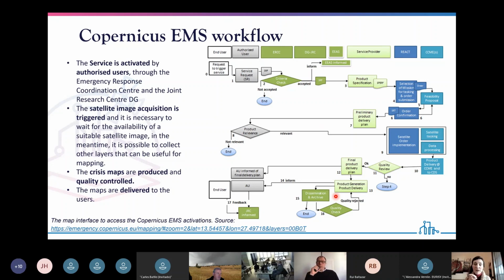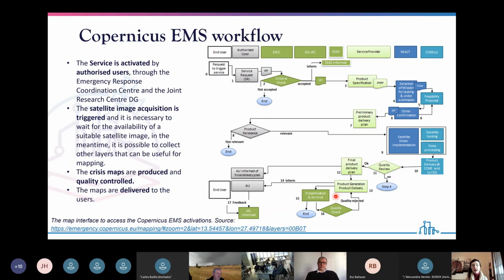We said that we have the end users, which are authorized users. I mentioned already the civil protection, but there are also other authorized users, like, for example, the World Food Programme or other international NGOs or international organizations which have an interest in the health of people.